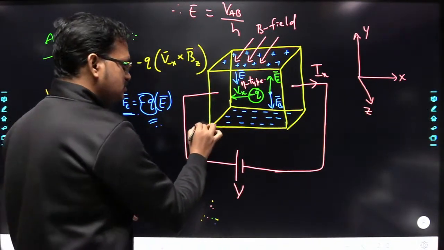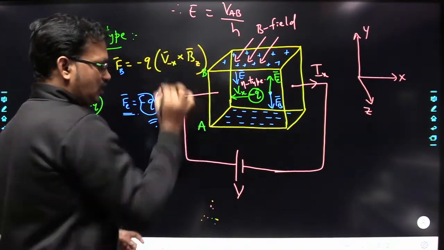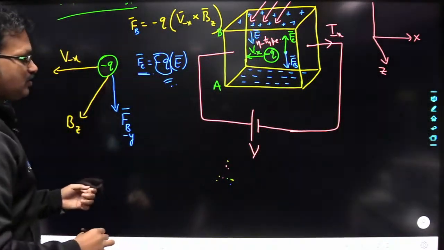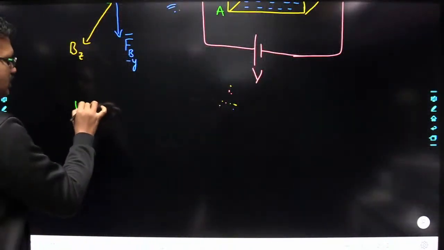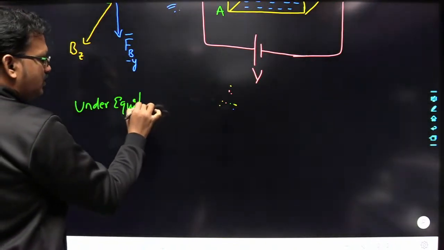Now this plate is A, and this plate is B. Here we try to determine VAB.